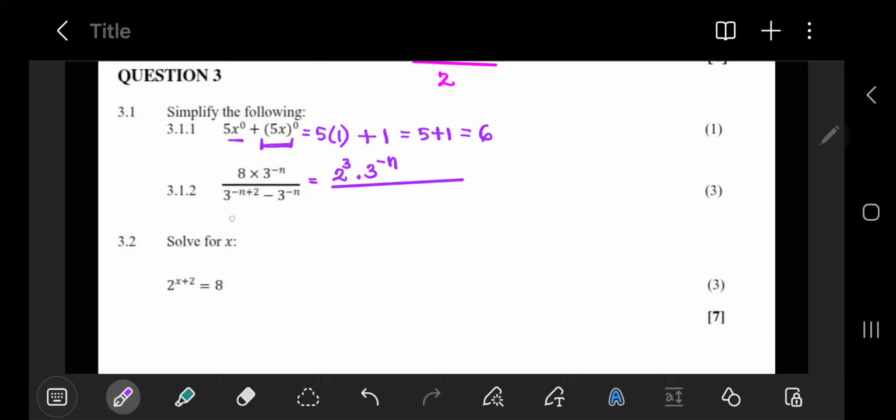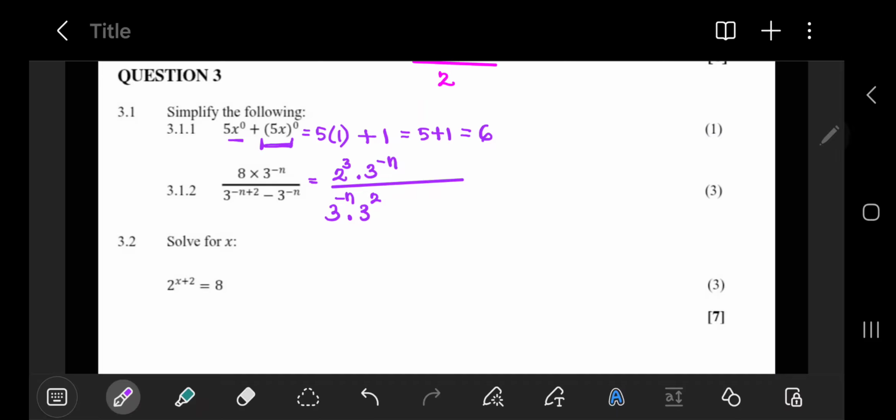However, if there is a base that has more than one term in its exponent, we need to split it up. We can rewrite that as 3 to the power negative n times 3 to the power positive 2. And why are we allowed to do this?